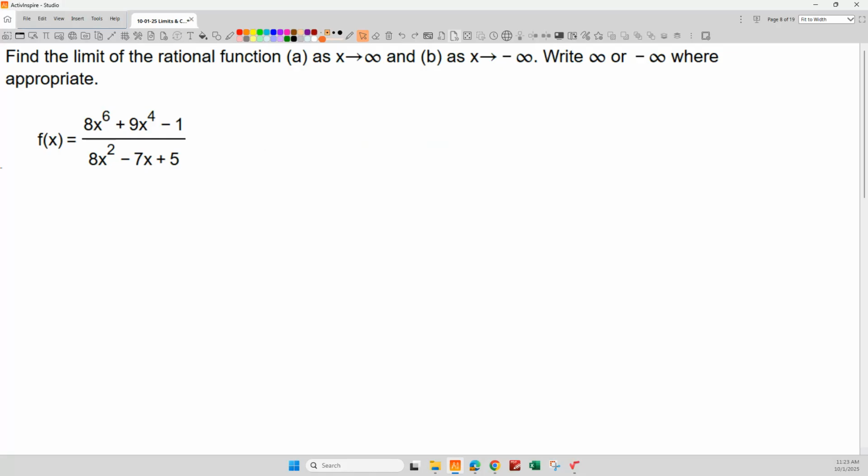Okay, what about one like that? This is where we definitely want to use Brandy's approach. So the limit of that function equals the limit of what ratio? 8x to the 6th over 8x squared.